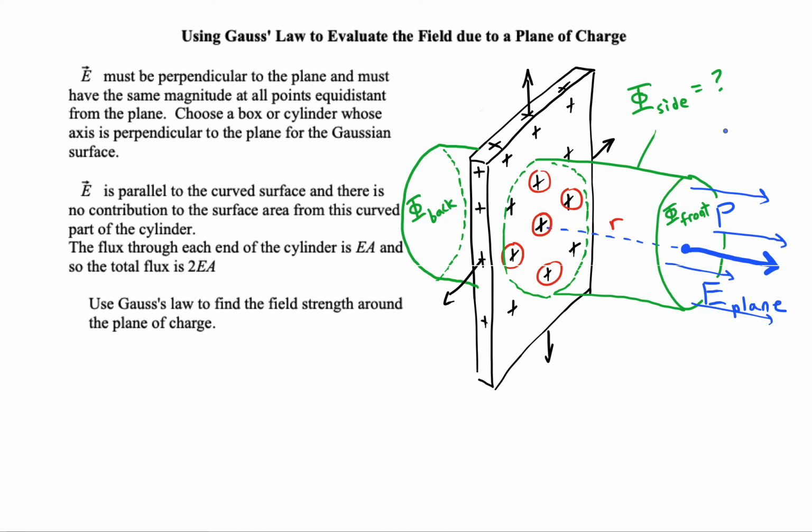With that in mind, the flux through the side will actually be zero, because none of our field vectors point at any angle other than perpendicular to the plane. This means that the flux is totally dependent on the front cap and the back cap of the cylinder. So let's use Gauss's law for this.